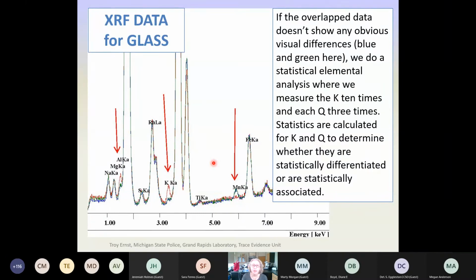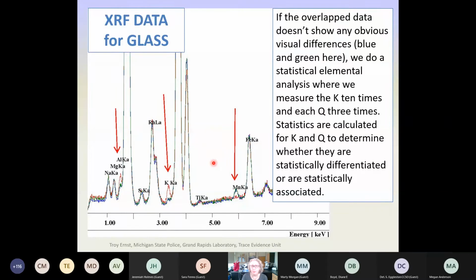Once we eliminated the red, now I want to take a closer look at the green and the blue. So the first step we do with the XRF is this visual look at the data that we receive. And we make that judgment, okay, some of these are obviously different.